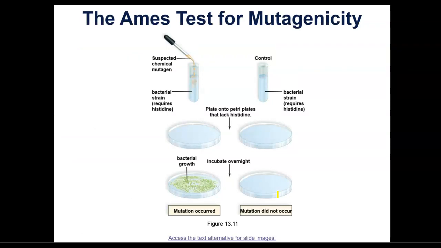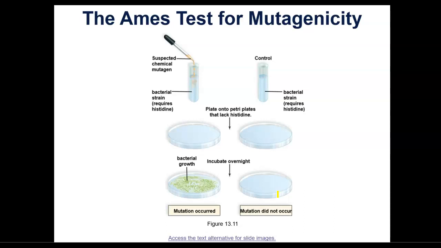There is a little section on how a chemical is tested for mutagenicity, and it's a test called the Ames test. I didn't ask any questions. I don't think there are any questions on the study guide, but the Ames test exposes bacteria to the mutagen.